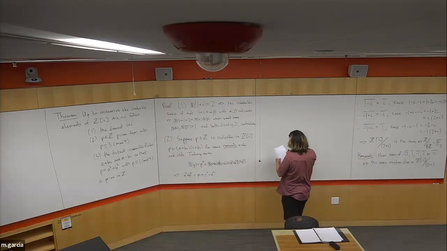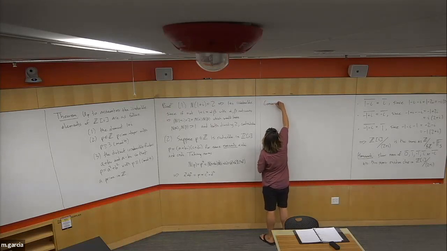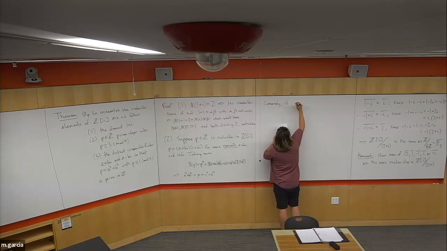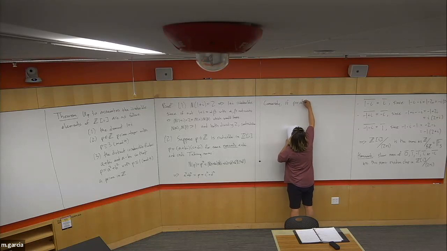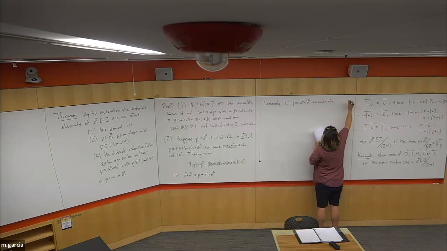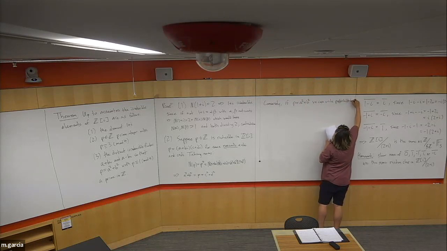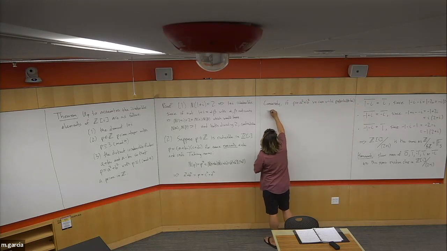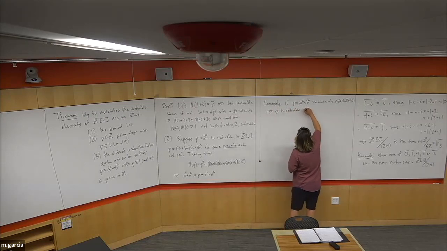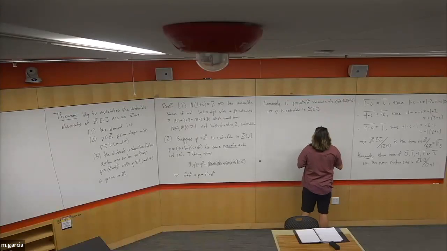All right. So conversely, if p is expressible as a sum of squares, we can write p is equal to a plus bi times a minus bi, which implies that p is reducible in Z adjoin i.